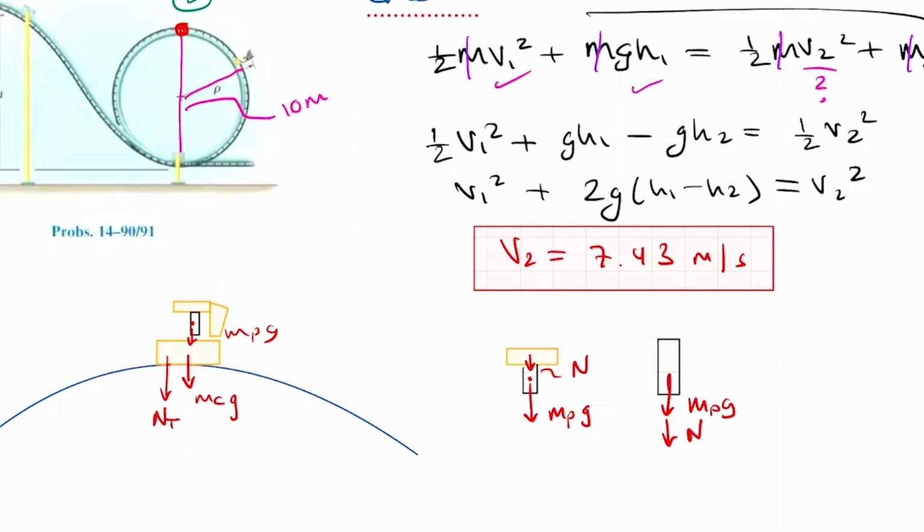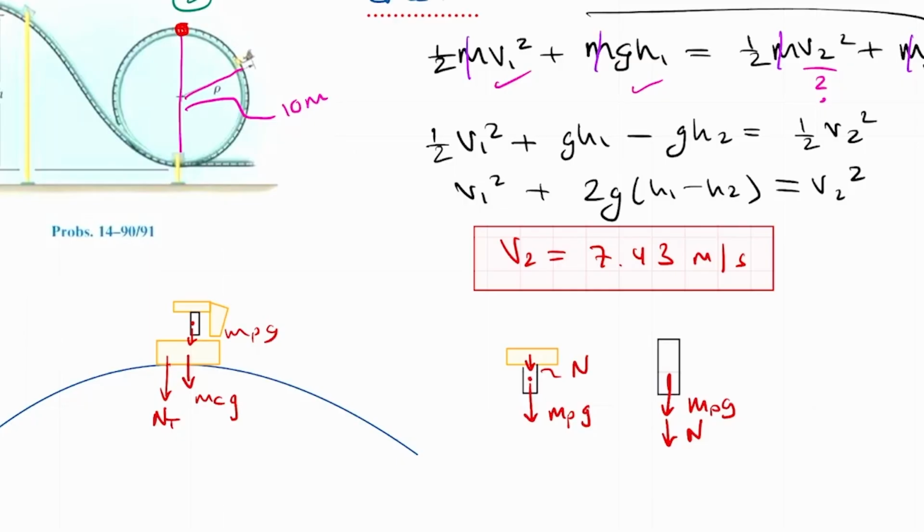If this normal force was not there, the person could fly out once they are out of the loop. Once they get out of the loop, they can of course just continue tangent to it and fly out. So the normal force is actually helping you stay down.